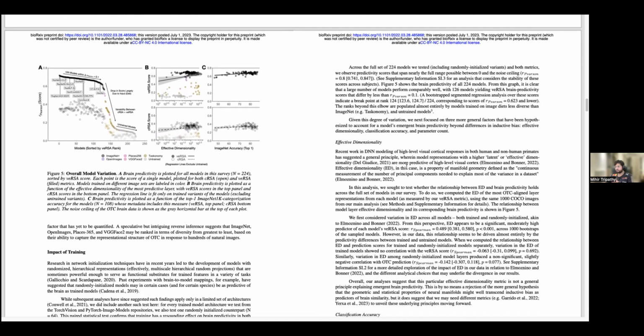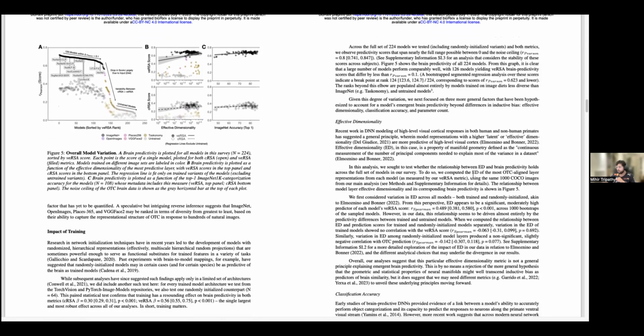Basically, does the complexity of a model's latents have to do with how accurately it predicts the brain? So they tested this relationship between effective dimensionality and brain predictivity.